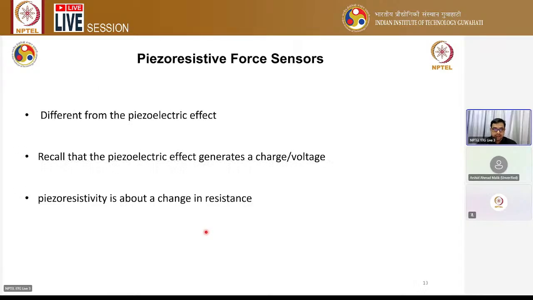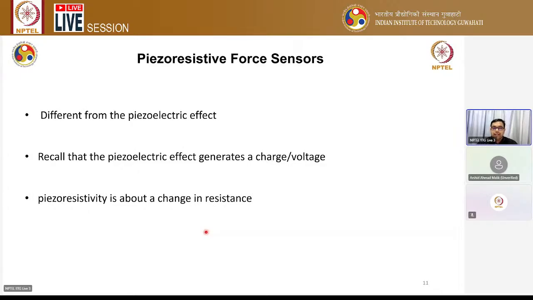If you remember, piezoresistive force sensors we have talked about in detail, where we saw that the piezoresistive effect was a little different when you compare it with the piezoelectric effect. The piezoelectric effect generates charge or voltage, while the piezoresistive sensors generate a result in the form of change in resistance.